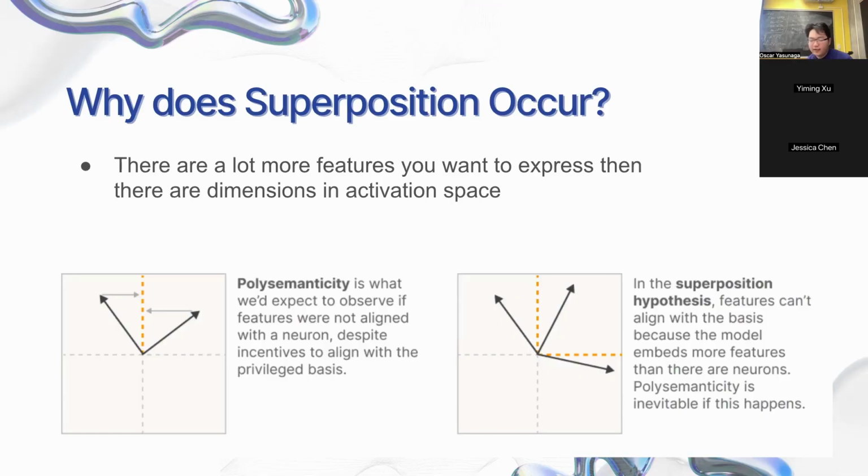And as I said before, superposition occurs because with these special basis vectors, you can only have n orthogonal vectors, but you want to express m features. And so the model has to figure out how to embed these features within this low dimensional space.